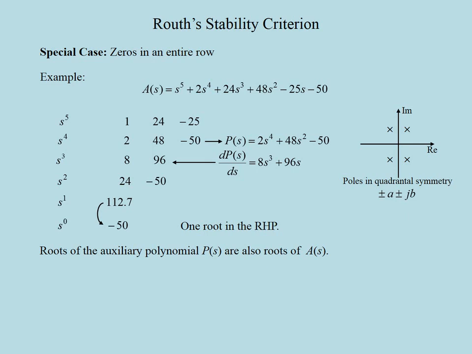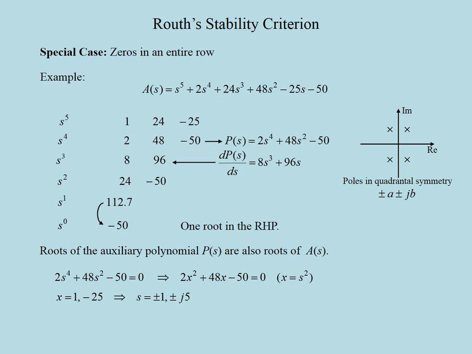In this example, since the auxiliary polynomial is in a double quadratic form, it is not difficult to find its roots. Defining x equal to s squared, we can write the auxiliary polynomial as 2x squared plus 48x minus 50. And the roots of this polynomial turn out to be at x equals 1 and minus 25.